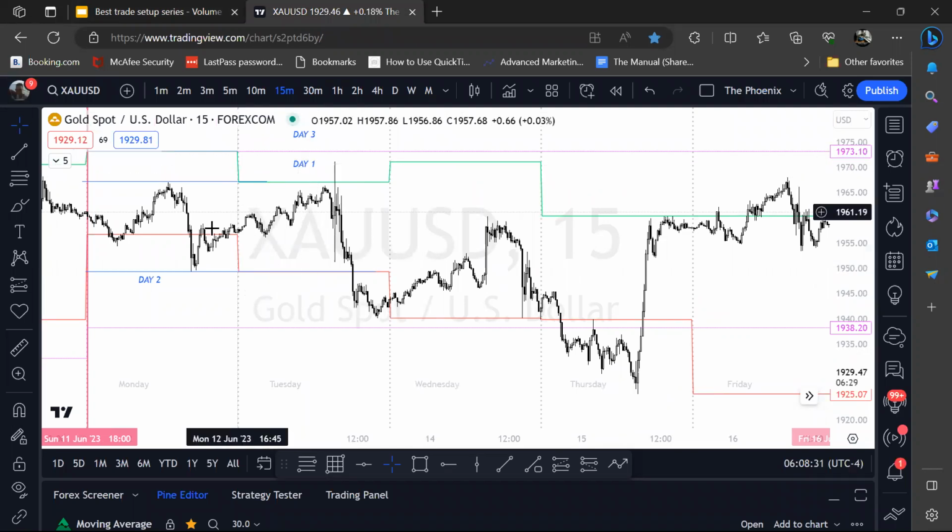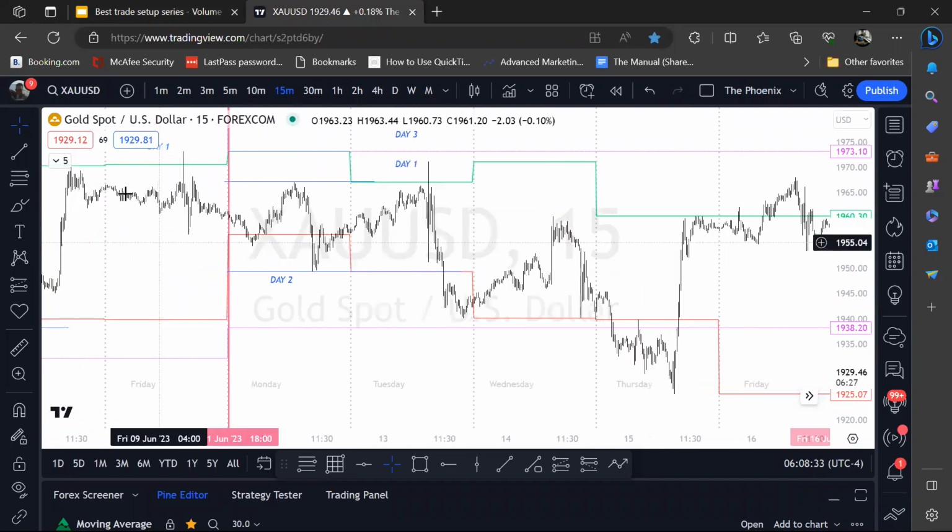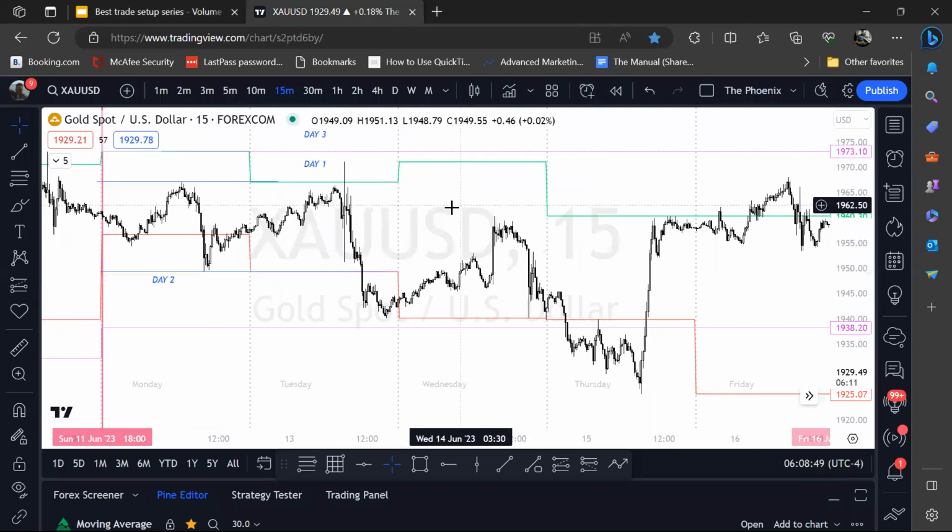And so we have day one coming out of the previous week, day two coming into the new week. But the new Monday of the new week establishes a new range for the week. And we have day three finishing off this cycle. But we also have a day one because it's a breach of the new week's range. Price closes outside of this range, so we still establish it as day one.